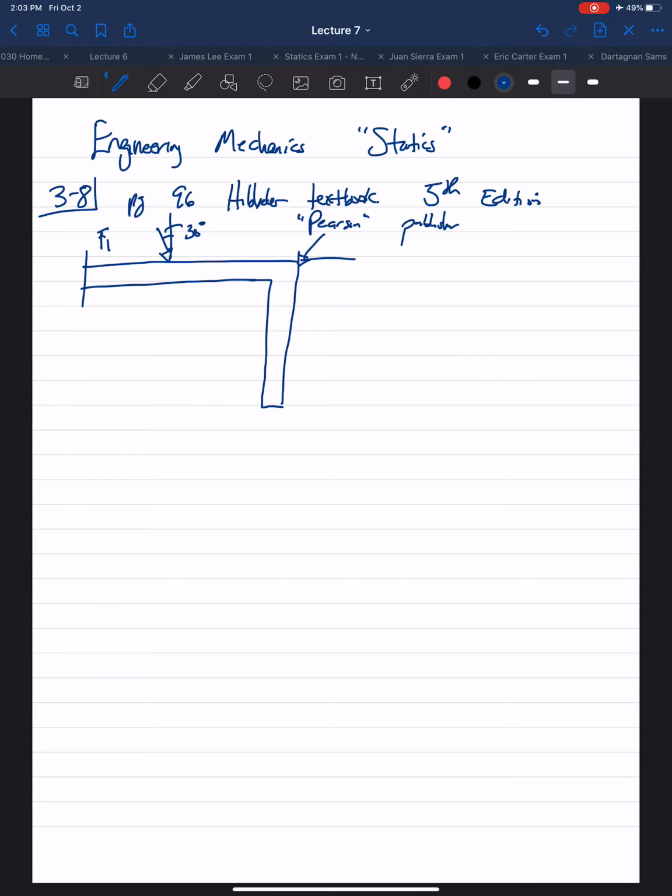This angle here is a 60-degree angle. This is F2, 300 newtons. F1 is 250 newtons. Distance here is 2 meters. Distance here is 3 meters. That's up to here.